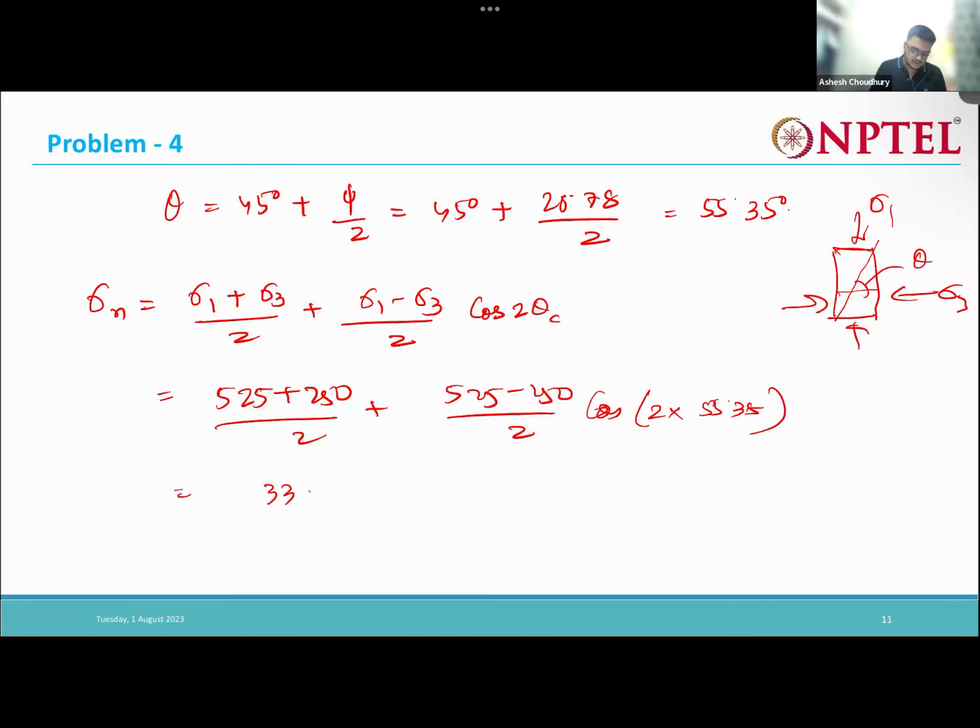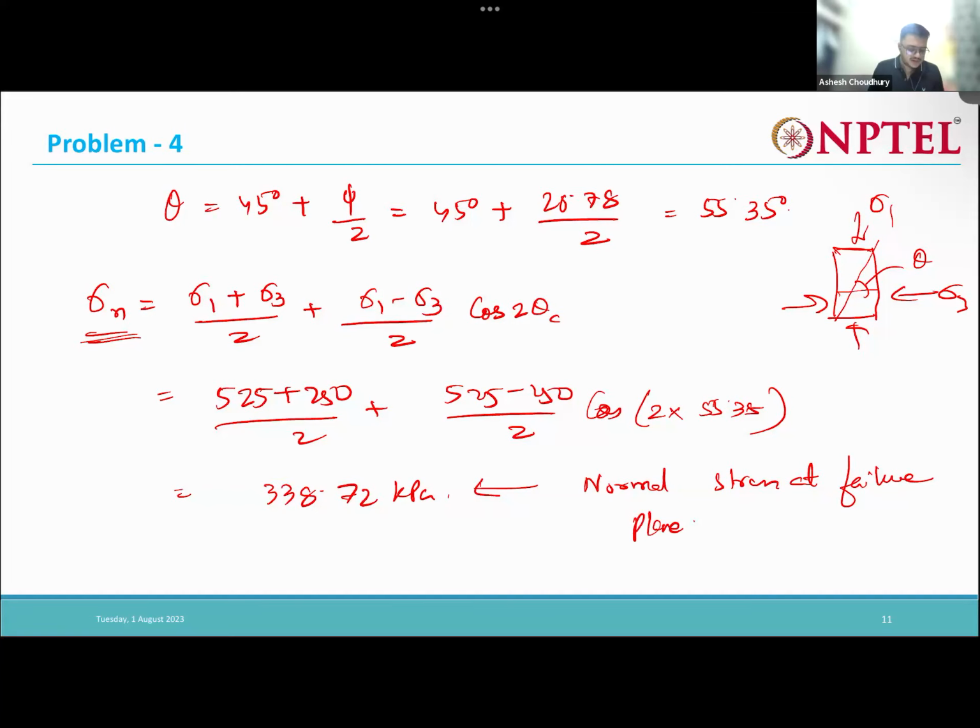We solve this, we get 338.2. Okay, this is the normal stress at the failure plane.